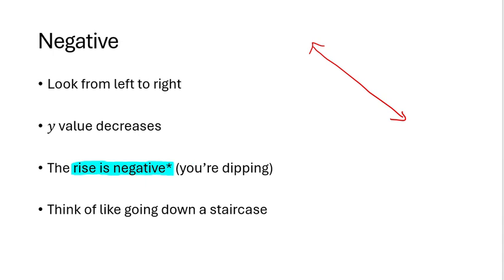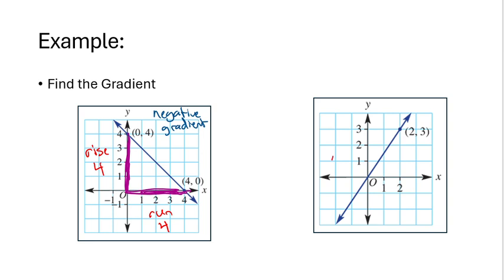So that means our rise value, in this case, it's not just 4, it's actually going to be -4, okay? And when you try to find the gradient, you substitute the numbers in. So my rise is -4, my run is just 4. Negative 4 divided by 4 is negative 1. So m equals negative 1.